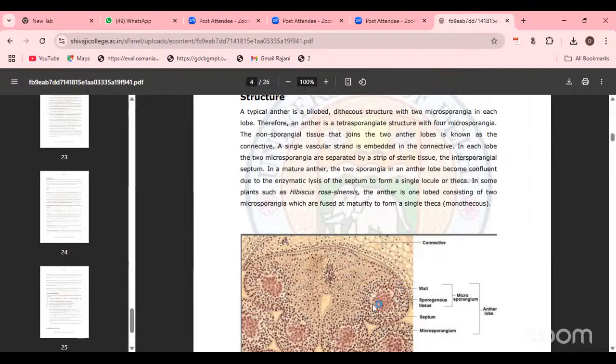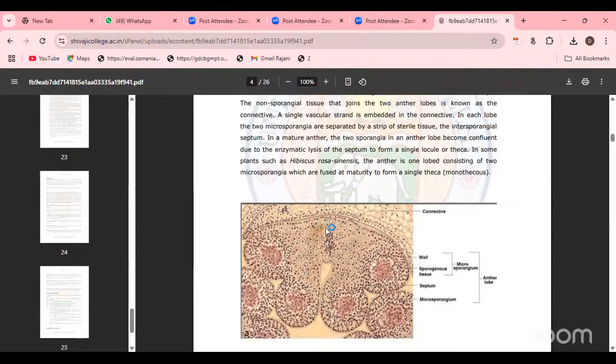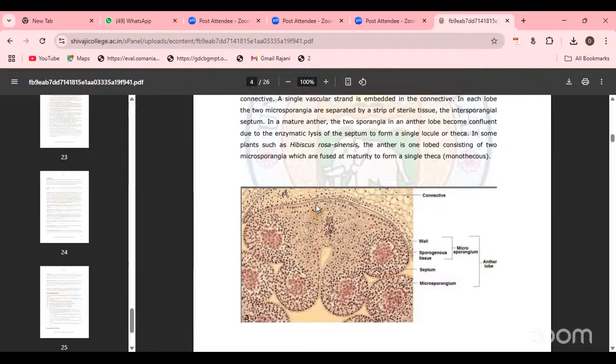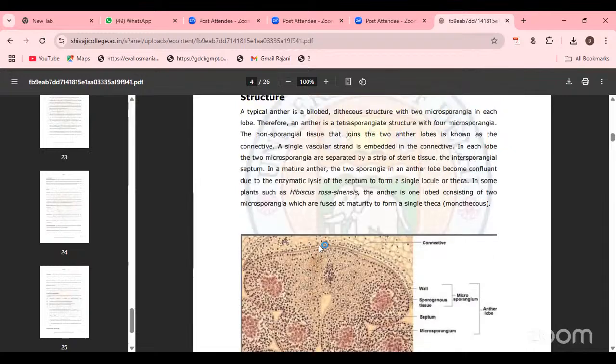Microspores are present, and a single vascular strand. This layer is the single vascular strand embedded in the connective in each lobe. The two microsporangia are separated by a strip of sterile tissue.